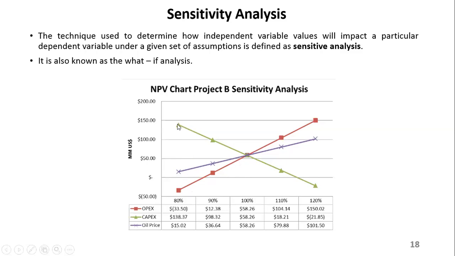But if it comes here where there is a capex of this much, how much is this? 160. This is 138. When the capex changes to 138 here, then it becomes a problem. So you have to look into all the variables and see which ones are within the criteria set by the company.